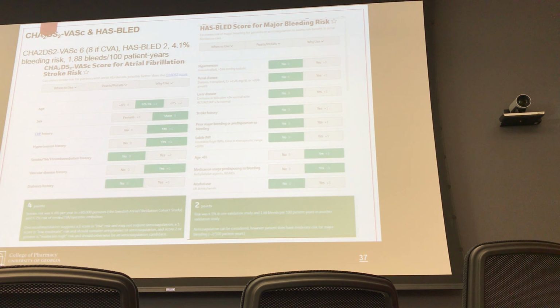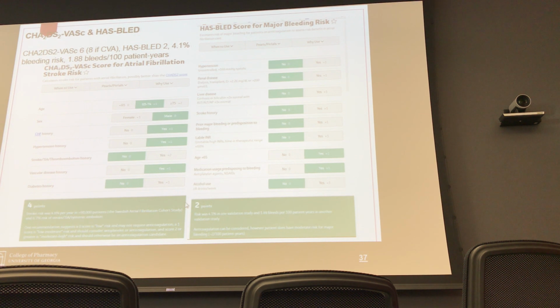Then we go through his CHA2DS2-VASc. So I heard, what did you guys decide, 5, 4, something along those lines? So I screenshotted this. This is actually me doing this in MedCalc, going through his age, gender, heart failure, getting to a score of about 4 points here is what I have, and that has a HAS-BLED score of 2.